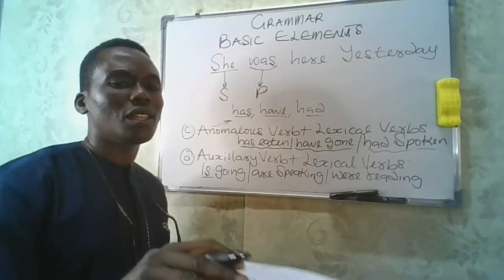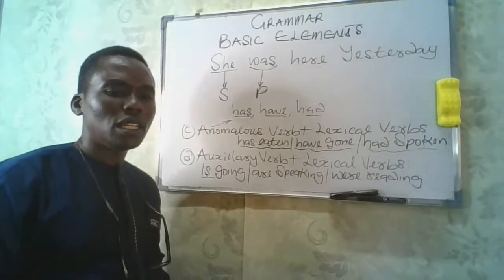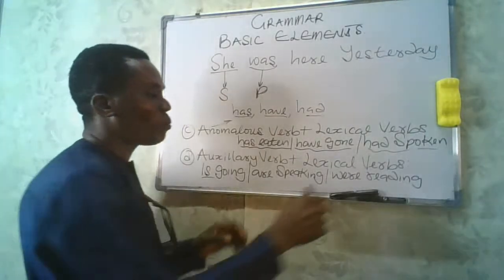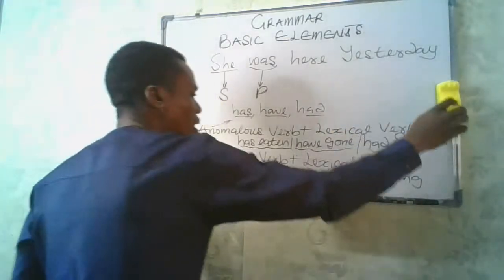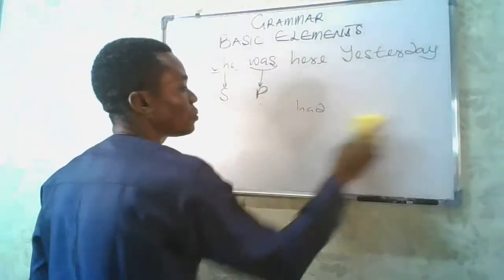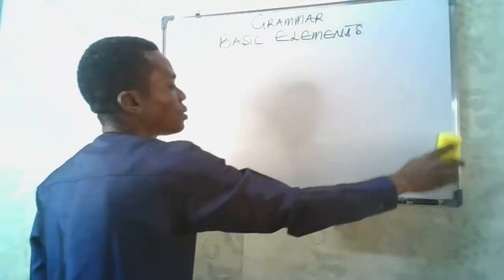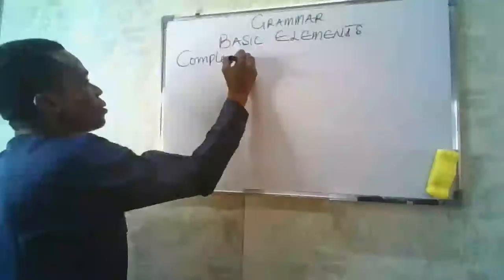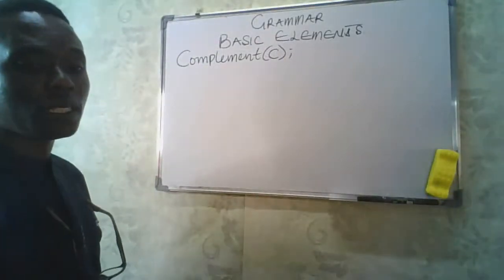Now, that taken, we are now going to consider the third element in our grammar, and that has to do with the what? With the complement. Now, when we talk about complement, what do we really mean? Let's look at the complement. Now, what is a complement?